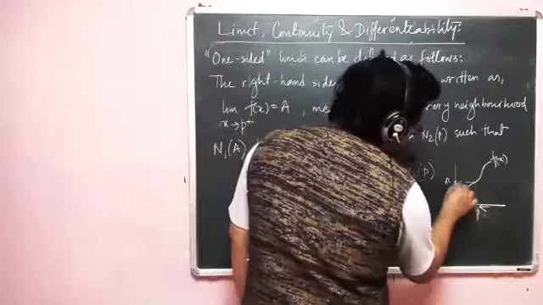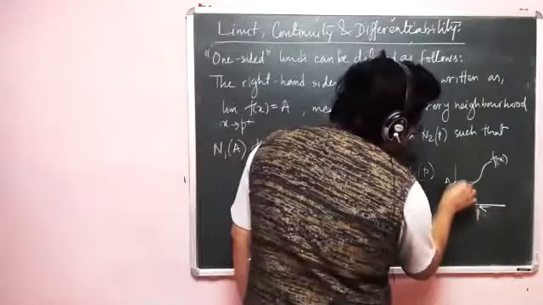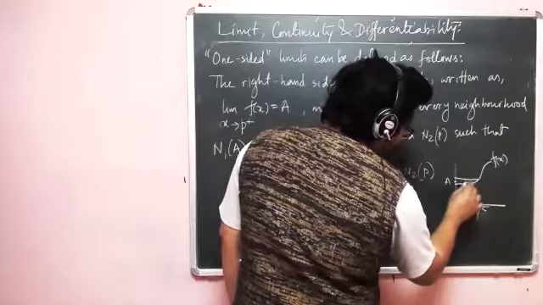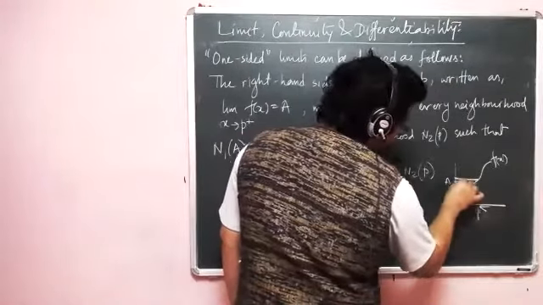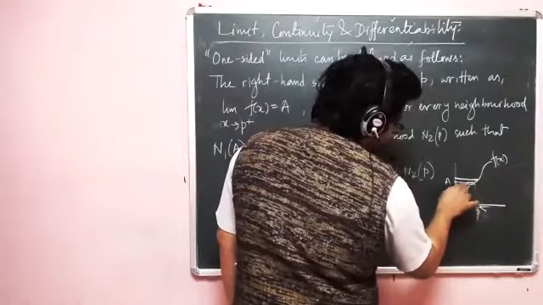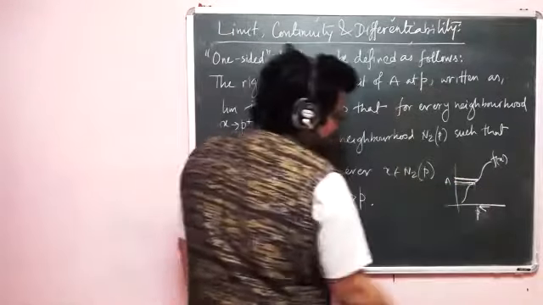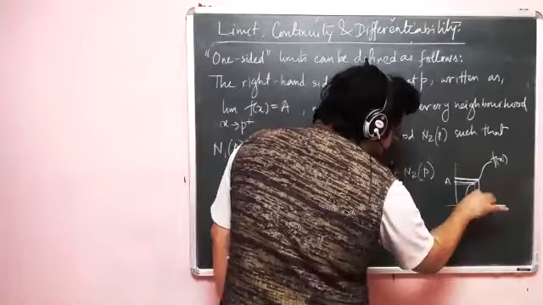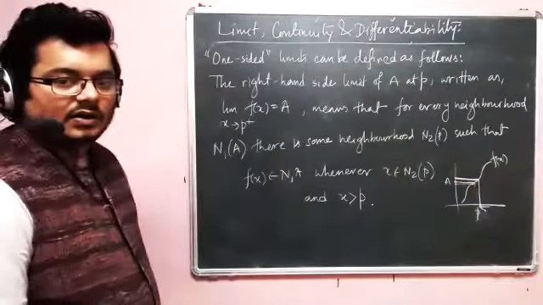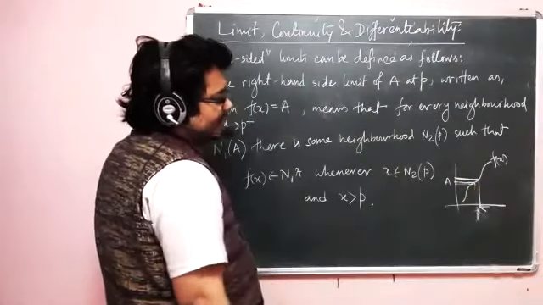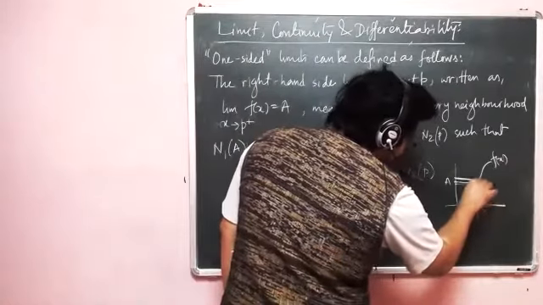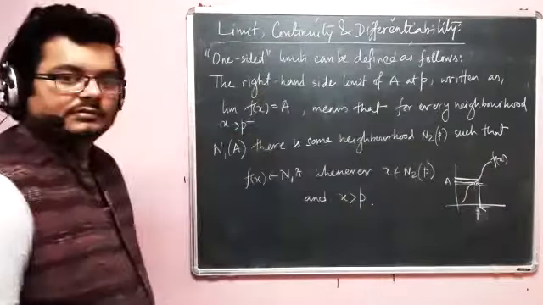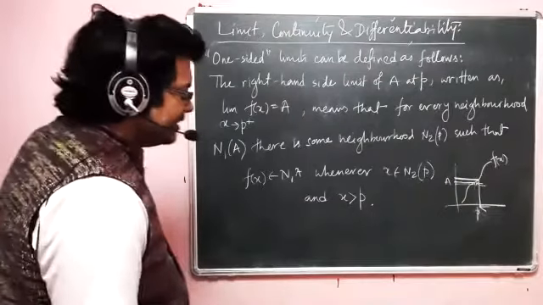And I'm defining a neighborhood around A like this, and that will bring us a neighborhood like this. What is my target? My target is whether I can find that the function is still in here.